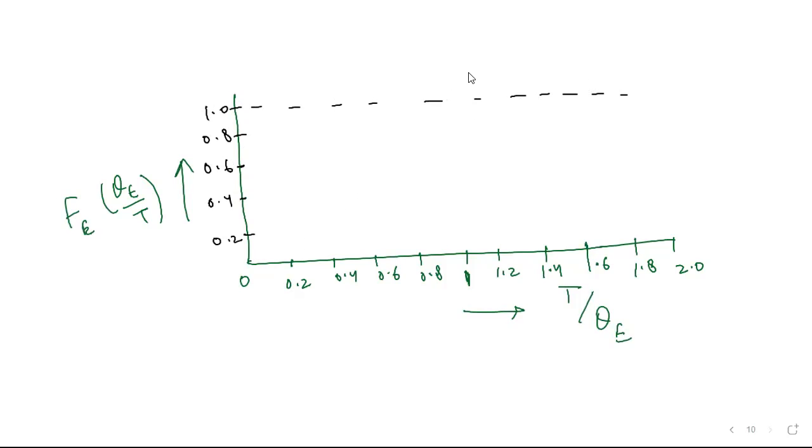This is the graph of the Einstein function as function of T over theta E. Let me name it figure 3.